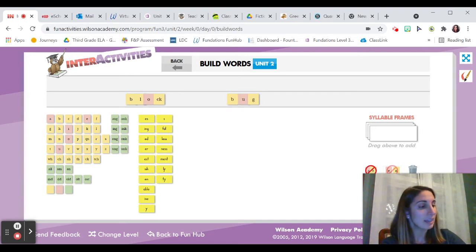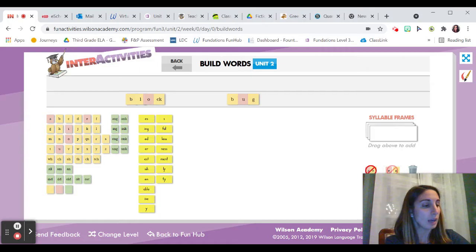Right. And right now, this is talking about one block and one bug. Those are singular. Do we remember what it means to be plural? For a noun to be plural, it means that there is more than one of them.